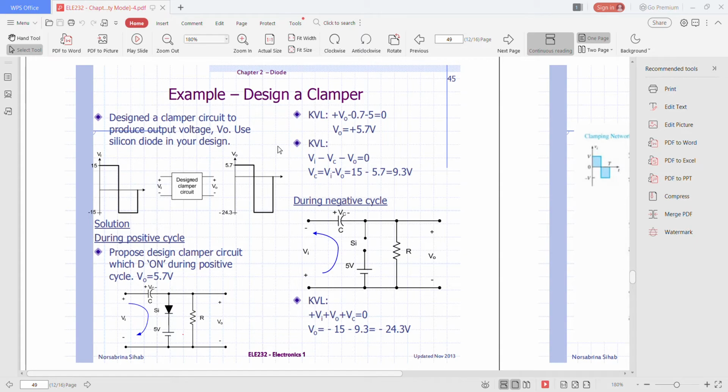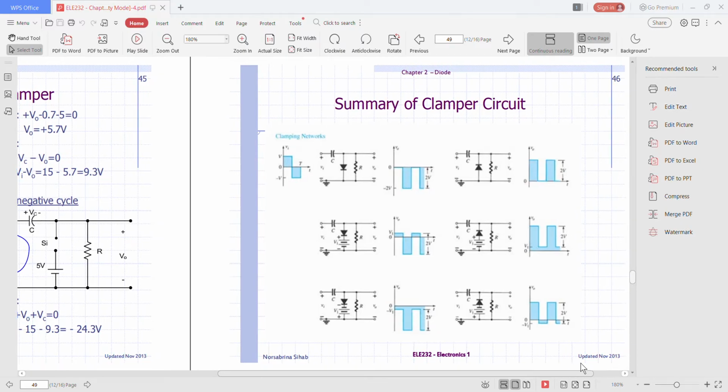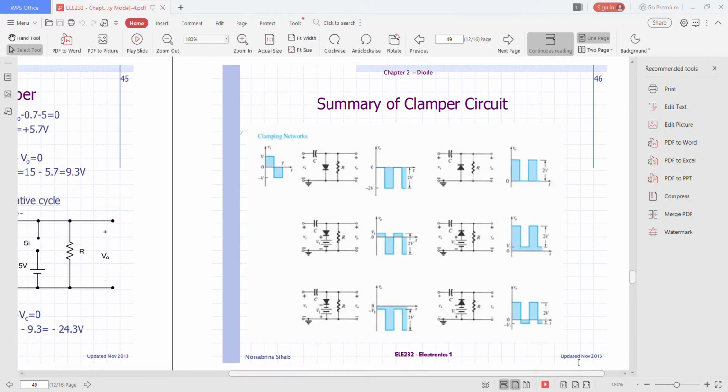So the assignment for you guys is to understand the concept of how to design a clamper by referring to this page, that is at page 45 in your notes. So I think that is all for today.